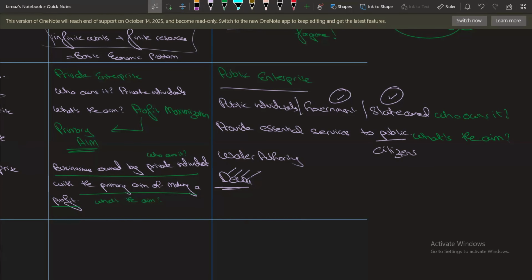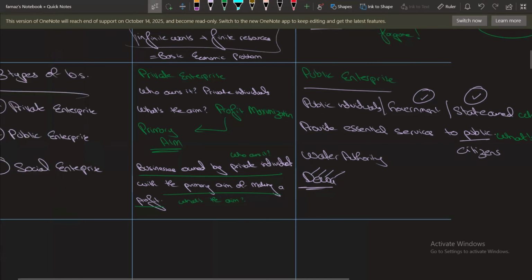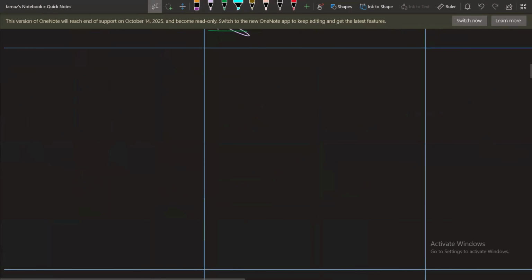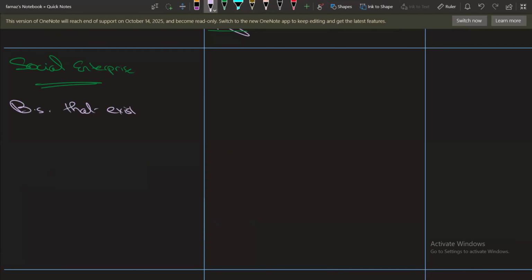Now we have social enterprise. The next that we have is social enterprise. Okay, this is the third one. For social enterprise, I'm not going to use who owns it and what's the aim here. Social enterprises are businesses that exist to make profit.